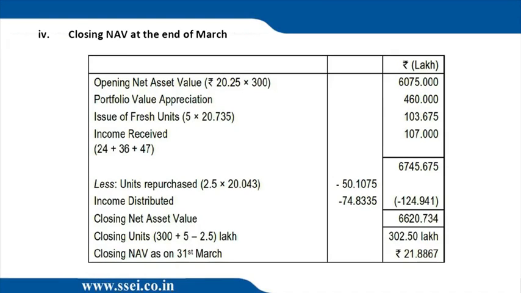We issue fresh units, 5 lakh units at what price? We calculated in the second part. Then income received in Jan, Feb, March, less the units redeemed at the end of Feb, less income distributed. So we get the closing net asset value divided by the number of units. You get the NAV per unit. That's simple. Very important sum.